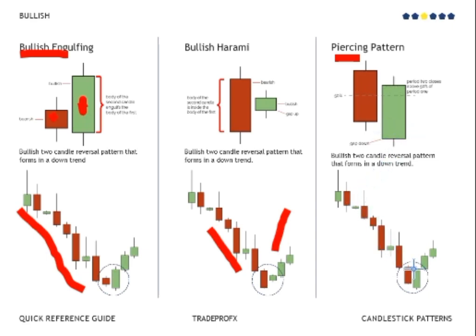You see, it occurs in a downtrend, and that means that a large bearish candlestick, I want you to understand very well, is followed by a bullish candlestick that closes more than halfway up the bearish candlestick. Understood? It crosses more than halfway of the bearish candlestick.